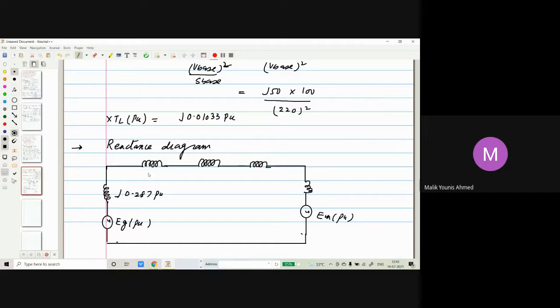For transformer number 1, J0.375. Transmission line J0.01033 per unit. Transformer number 2, J0.5 per unit. Motor J0.6 per unit. So this is the complete way of drawing this.